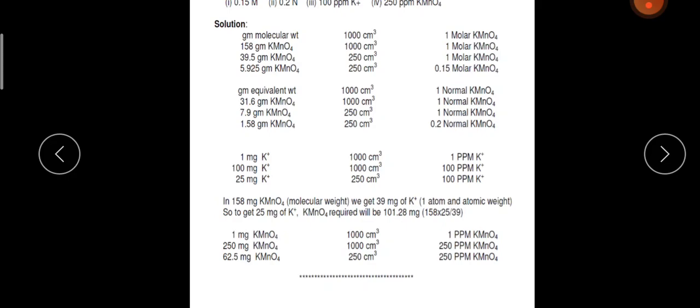How did we get it? 158 consider 39 milligram, then for 25 milligram, how much KMnO4 should be there?